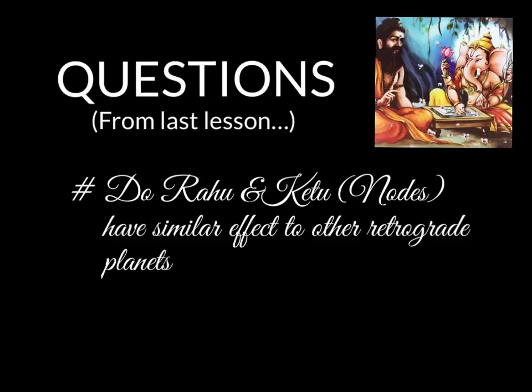They are going in a different direction permanently to the other planets. Whereas Mercury, Venus, Mars, Jupiter, Saturn, as we saw last lesson, have some time going retrograde, but they are mostly going direct. So no, do not treat Rahu Ketu in the same way as other retrograde planets.